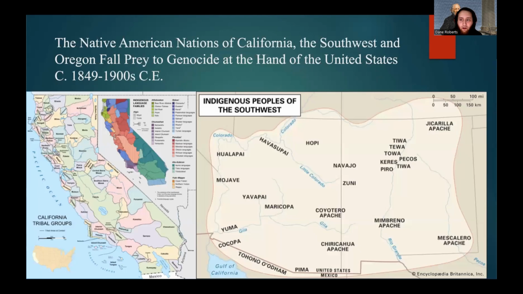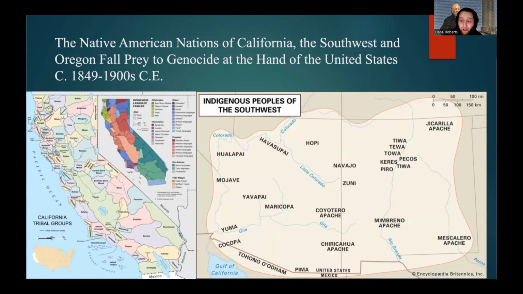Also, another thing that was, at least in large part, due to the annexation of the Republic of Texas to the United States, would be that Native American nations in California, the American Southwest, and Oregon would fall prey to genocide at the hands of the United States. Obviously, this was not just these regions.